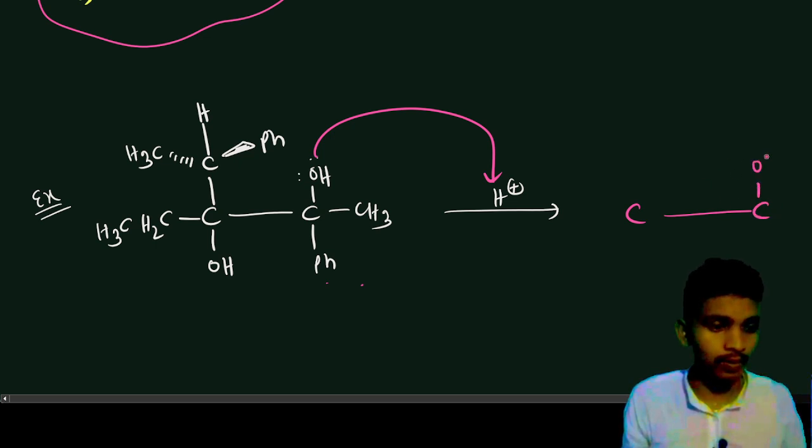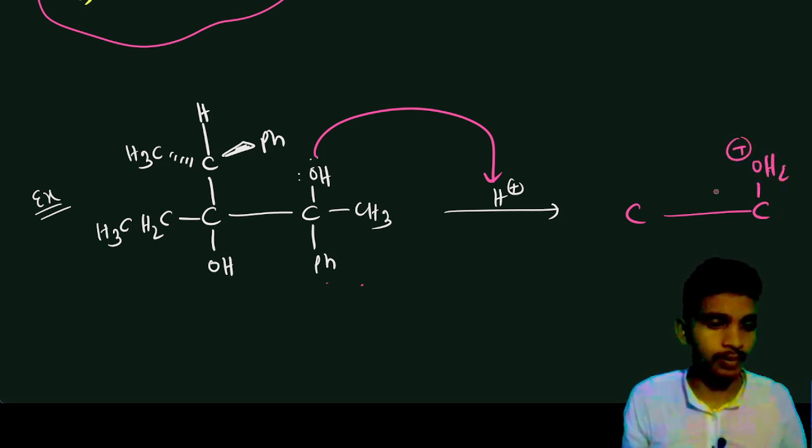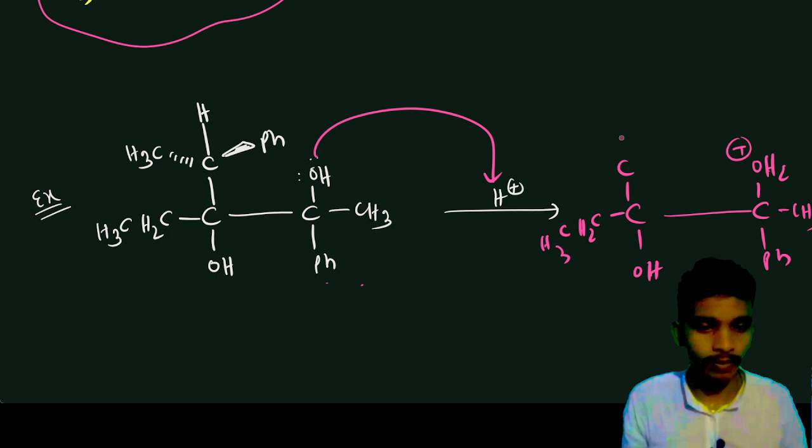So here OH2 positive, and here we have CH3, and here we have phenyl, and here we have OH, and here we have CH2 CH3, and here we have carbon, and hydrogen is there, and here we have phenyl, and here we have CH3.